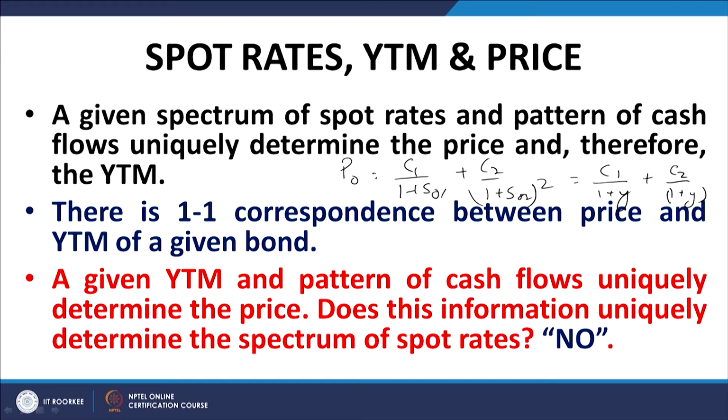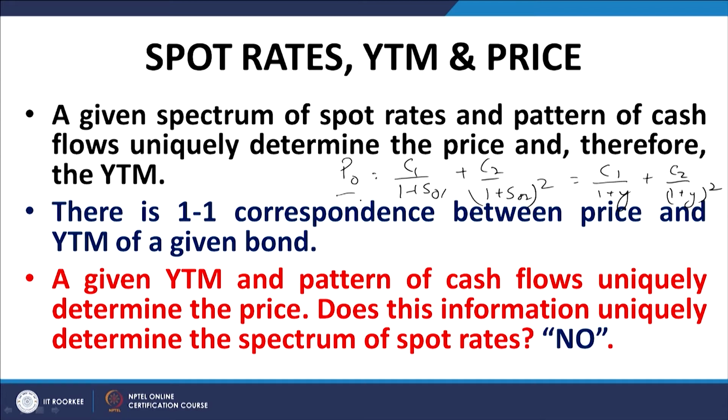The first thing that we observe from this is that given a spectrum of spot rates, S01 and S02, and the timings and amounts of cash flows, C1 and C2, you are able to determine a unique P naught.